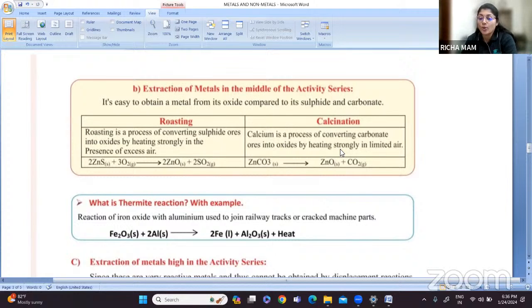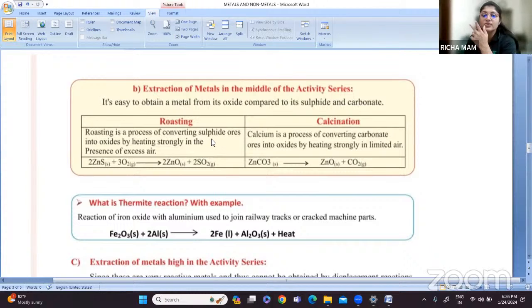It's easy to obtain the metal from its oxide compared to its sulfide and carbonate. So if you want to extract a metal from the middle of the activity series, you can obtain it more easily in its oxide form compared to its sulfide and carbonate.